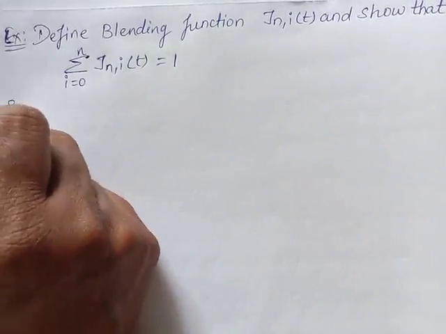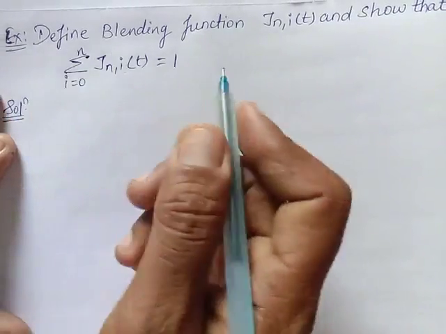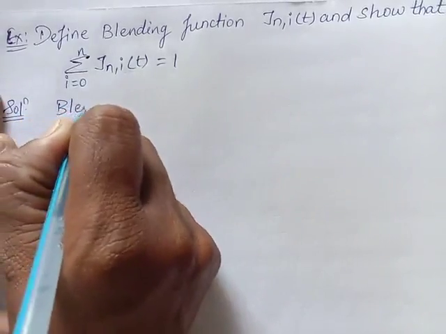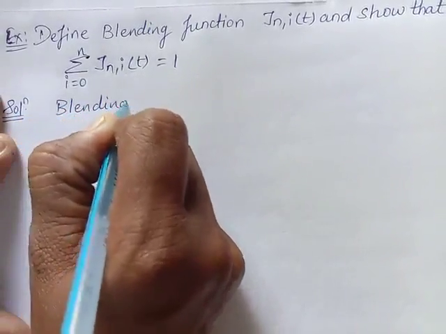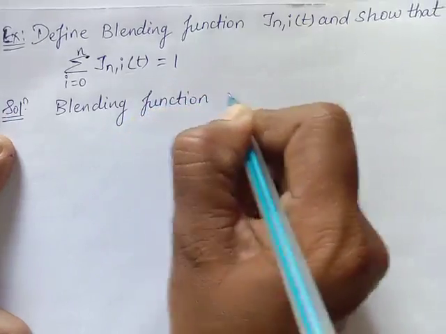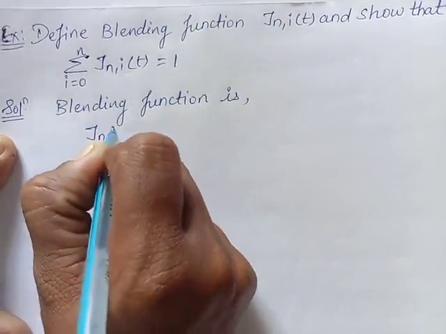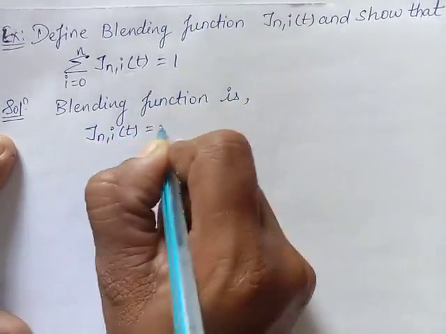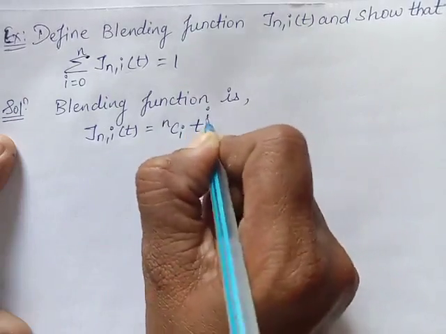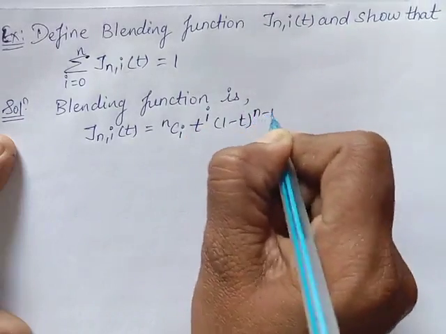So solution for this. Okay. Now definition is nothing but the same, basis function. So blending function is Jni of t is equal to nCi t raised to i, 1 minus t raised to n minus i.